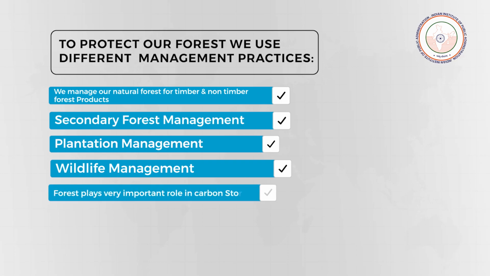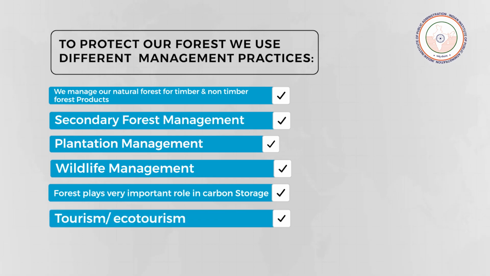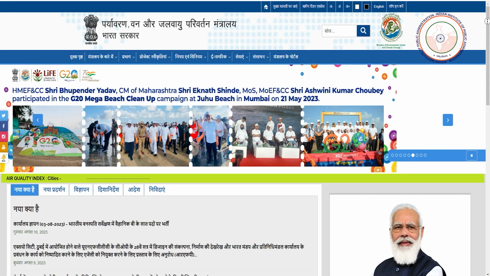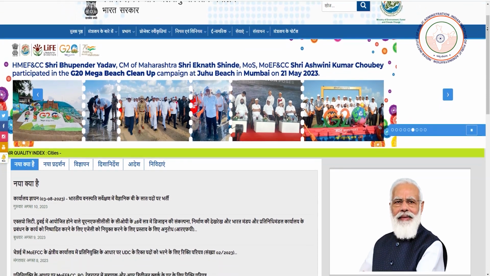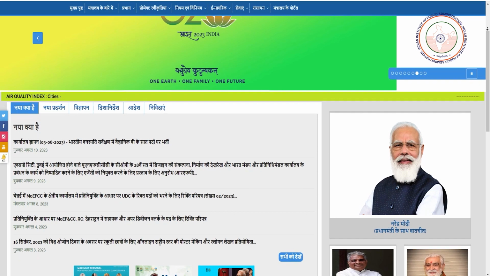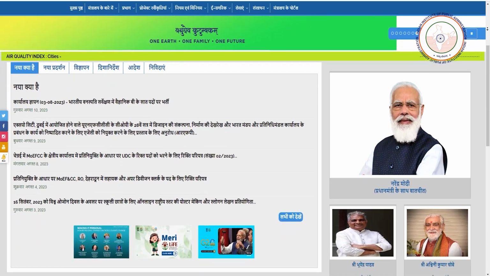Forests play a very important role in carbon storage. So in climate change, when we talk about carbon sequestration, forests are our only hope. Then tourism, ecotourism. Today we have very important policies and legislation, and we are making use of them. The Ministry of Environment, Forest and Climate Change, Government of India, looks after the forest policies. We have different acts.